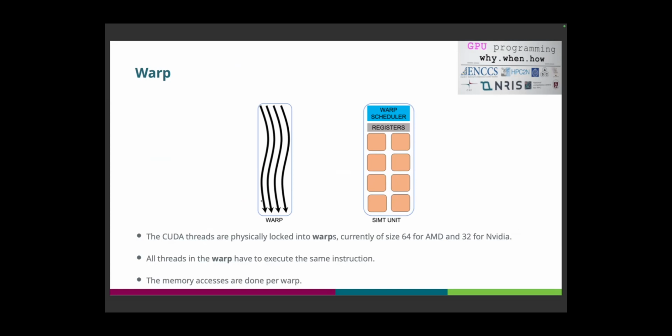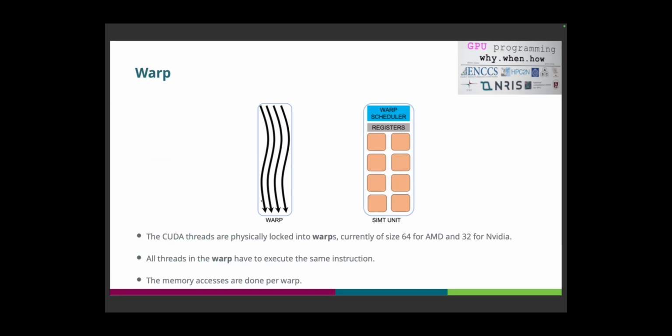They have to do the same instruction. So it will be a loss in performance if you have branching here, for example, even index threads do one thing, and odd index threads do something else.